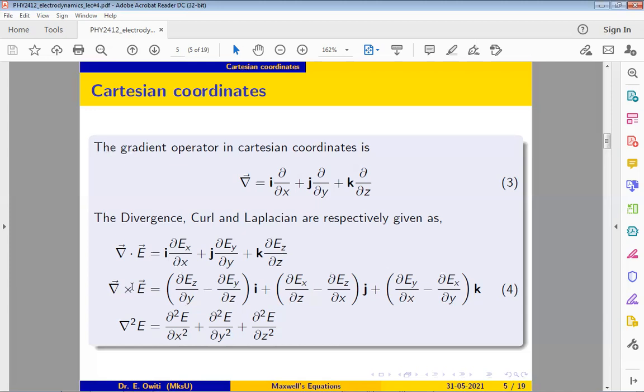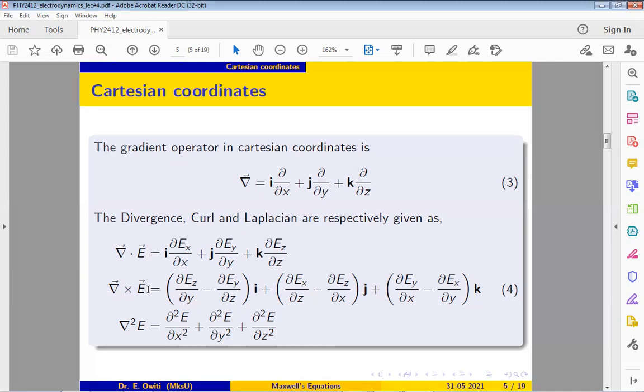Now, the curl simply means the cross product of the del operator and a vector. When you perform the curl operation, you will normally draw a determinant matrix where you have i, j, k as the unit vectors.